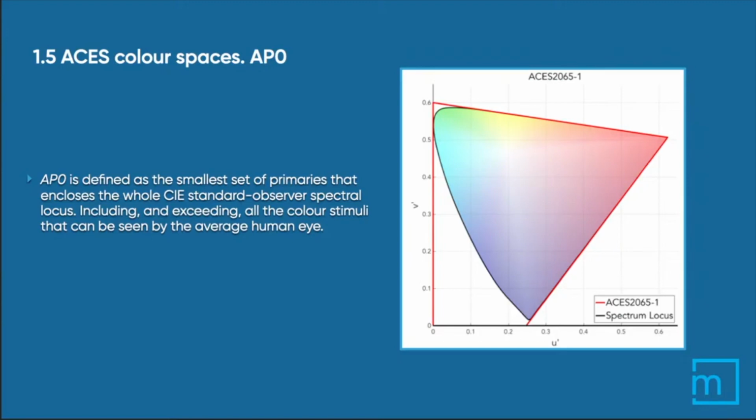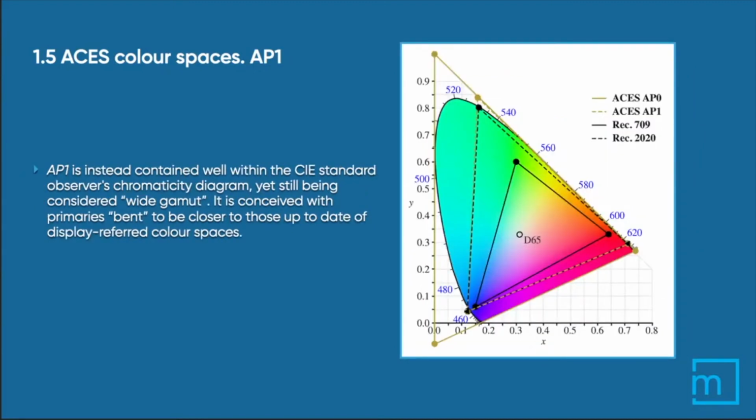But for working as a work frame and for ease of operations and making the maths easier, we have what is called the AP1. AP1 is well contained within the CIE standard. This is because DI systems have traditionally been designed to work with lower color spaces and more constrained color and dynamic range.